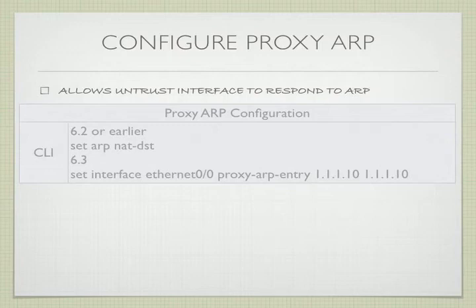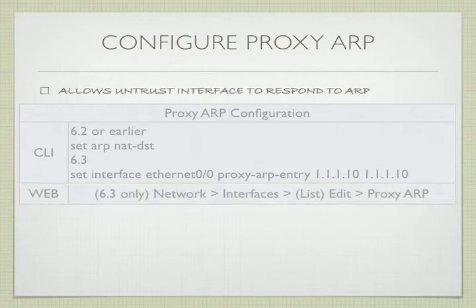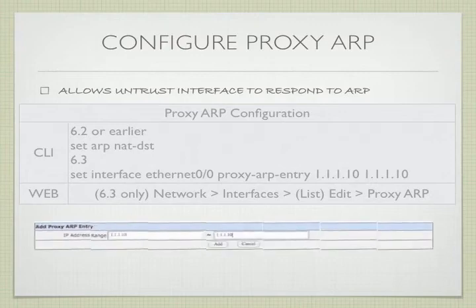In 6.3, these are created per address on the interface in question. Set interface ethernet0/0 proxy-arp entry 1.1.1.10. In the web interface in 6.3, you would go to the interface itself, and there's a proxy ARP tab where you can then create a range. So if you're going to use all of those addresses in your range, you can create it in one fell swoop and assign proxy ARP to all of the addresses that you intend to use on the firewall.